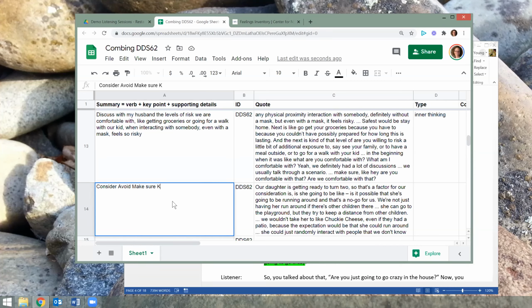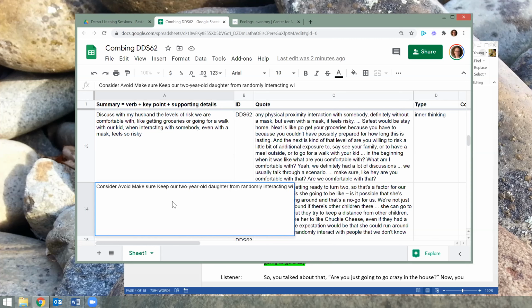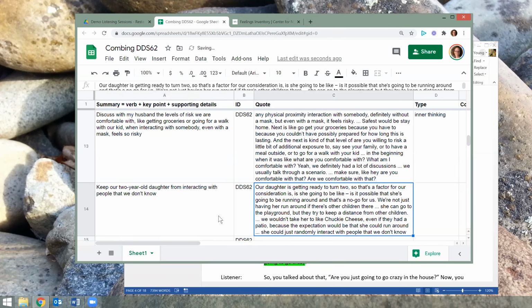So, like, keep our 2-year-old daughter from randomly interacting with people that we don't know. I don't think we need randomly in here. I'm going to say keep. It's a good verb, huh? Keep our 2-year-old daughter from interacting with people we don't know.